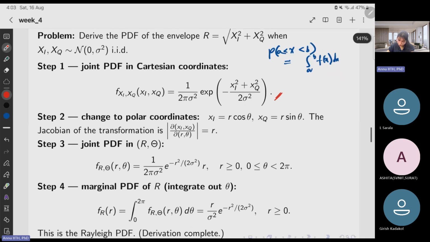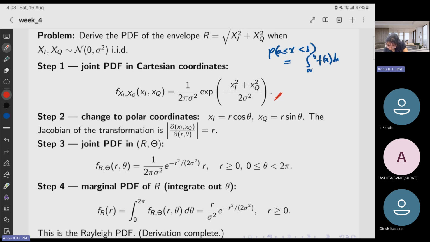So if you want to change to polar coordinates, x of I, which is the in-phase component, is equal to r cos theta. X of q, which is the quadrature component, is equal to r sin theta. The Jacobian of the transformation is nothing but del of x I, x q divided by del of r, theta, which is nothing but r.